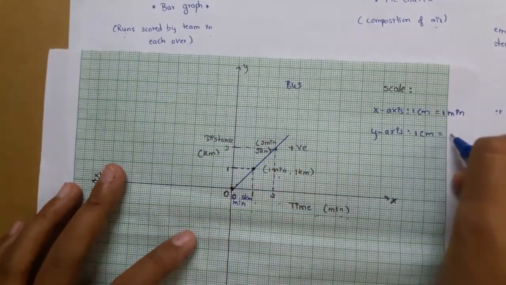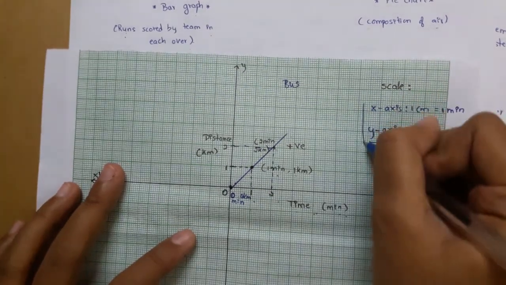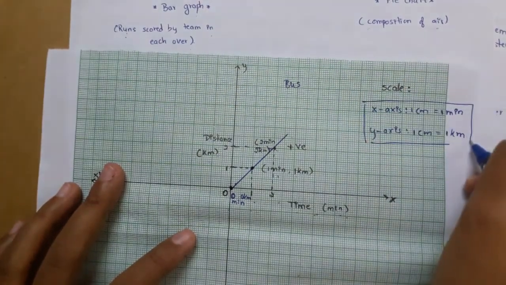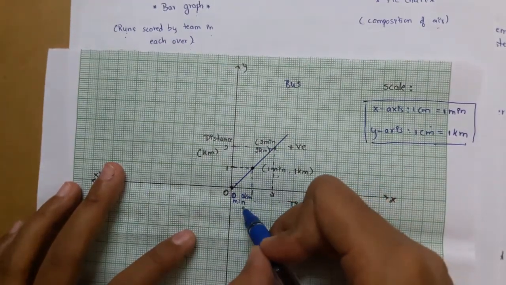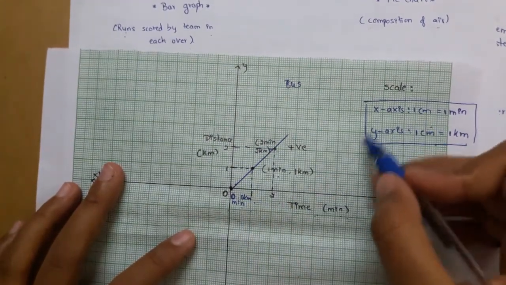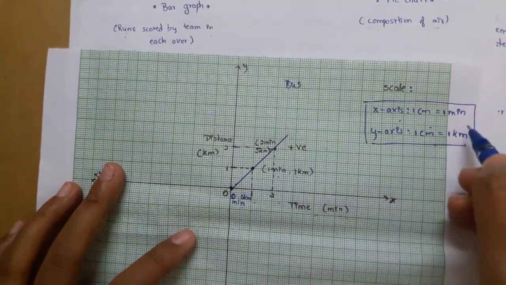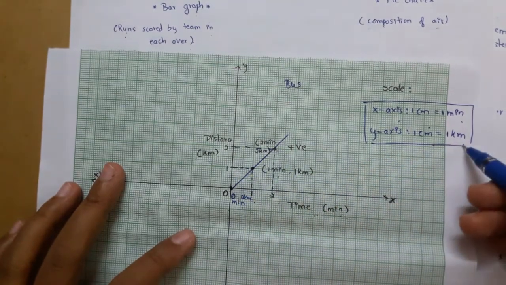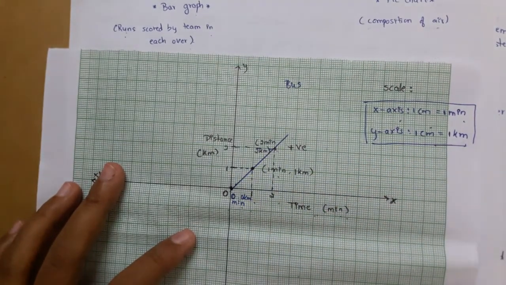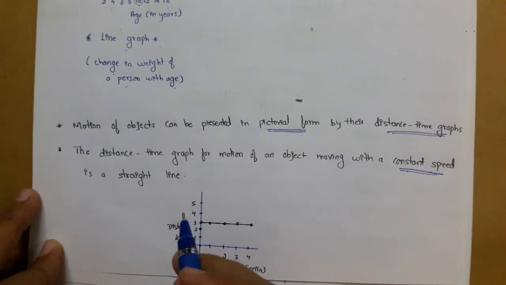So 1 centimeter is equal to 1 kilometer. The scale is very important for the graph. If you see the scale, then you can easily plot the graph. From the graph you can see that on the x-axis 1 centimeter represents 1 minute, and on the y-axis 1 centimeter represents 1 kilometer. Hope you understood how to plot the graph.